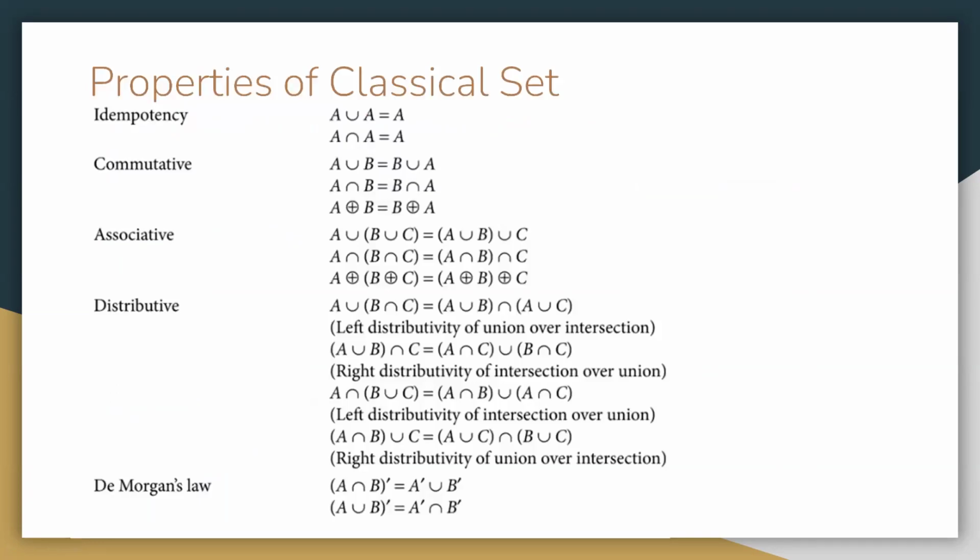Properties of classical sets, I'm not going into the detail. These are basic properties. Idempotency, that is A union A gives A, A intersection A gives A. It's a commutative property when you say A union B is equal to B union A. Similarly, A intersection B is equal to B intersection A, and so on.